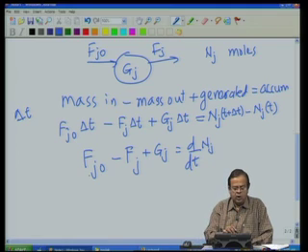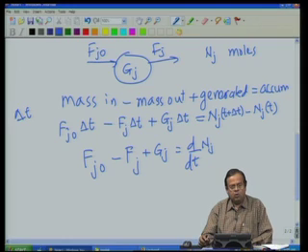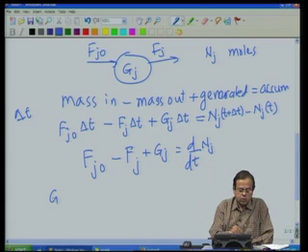Now, we know what is inlet, outlet and so on. Let us spend a few minutes on what this generation rate is. We said that it is in moles per minute.